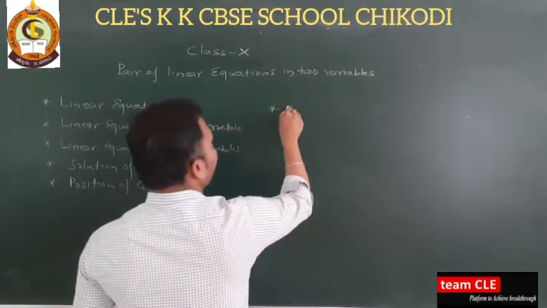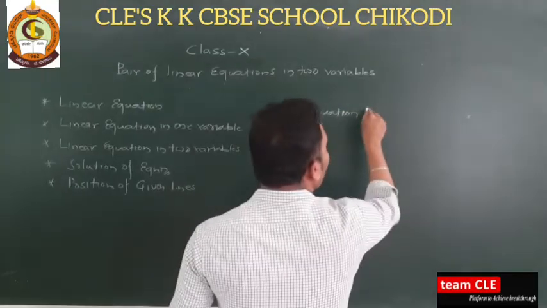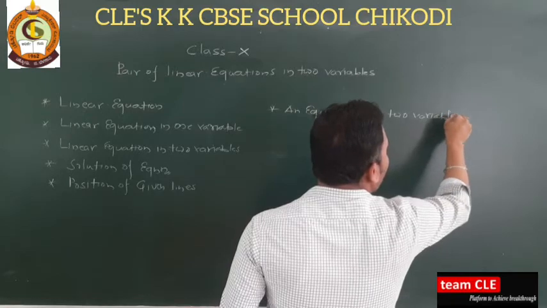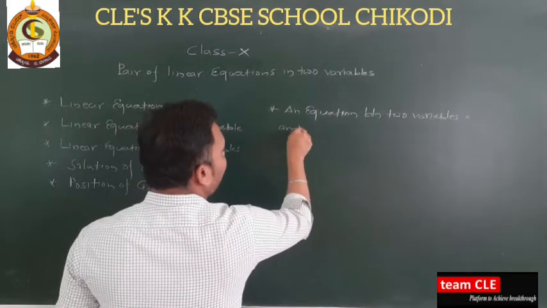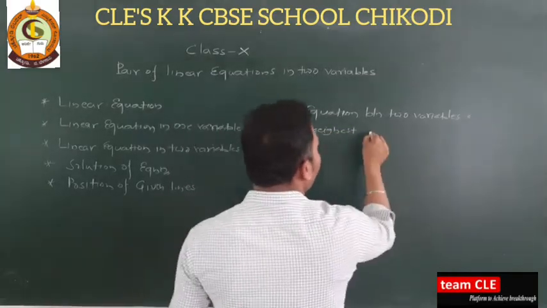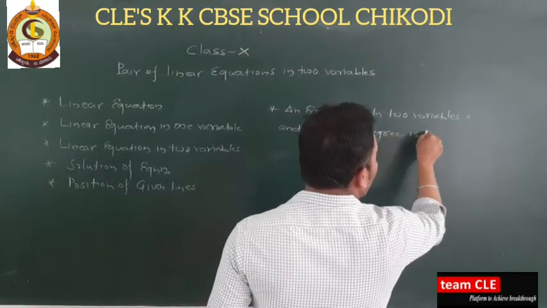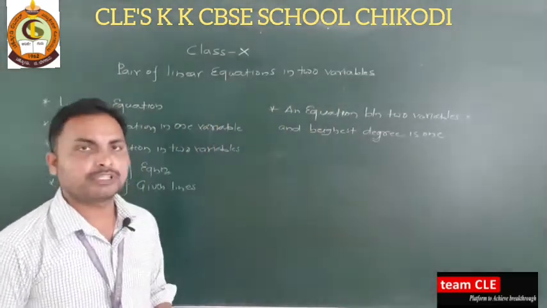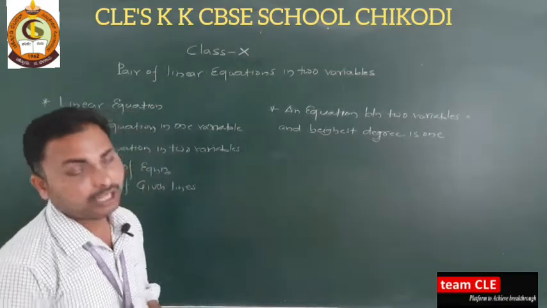An equation between two variables, and the highest degree of exponent here is 1.